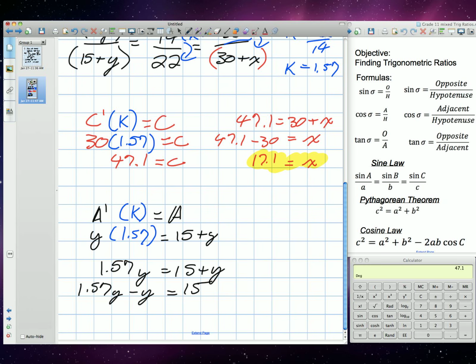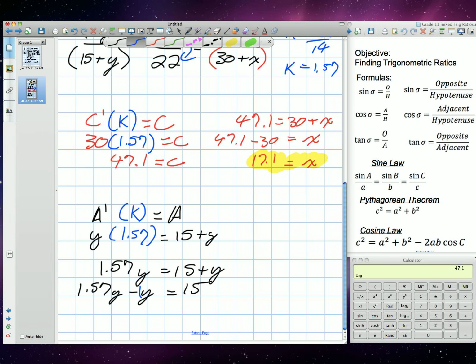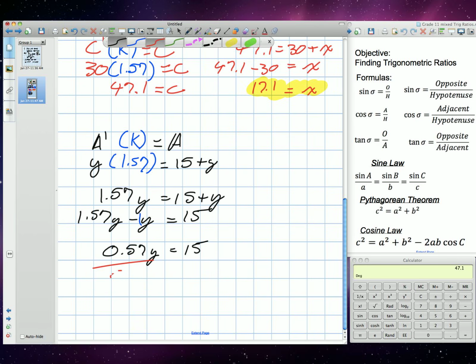What coefficient is in front of that y? There's technically a negative 1 or a 1. So when we subtract those, we're going to get 0.57y equals 15. To isolate y, I would divide both sides by 0.57.